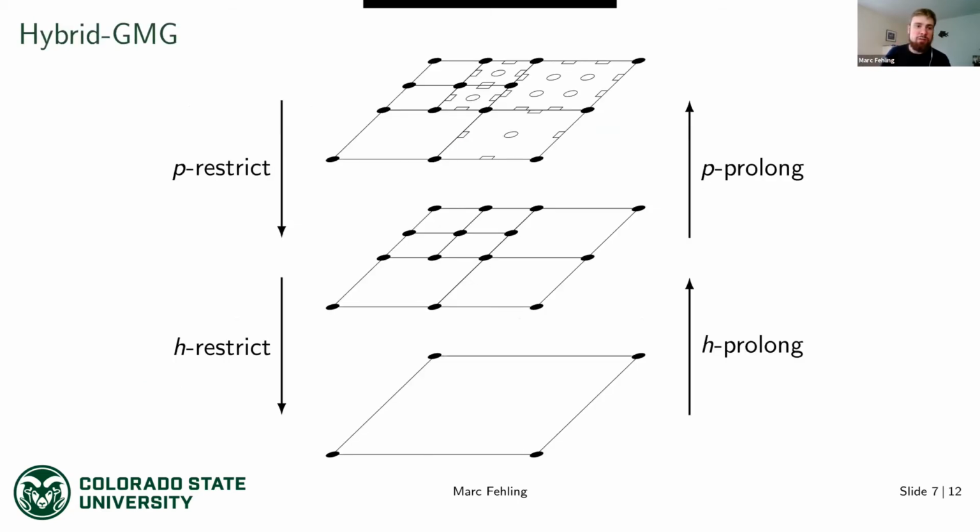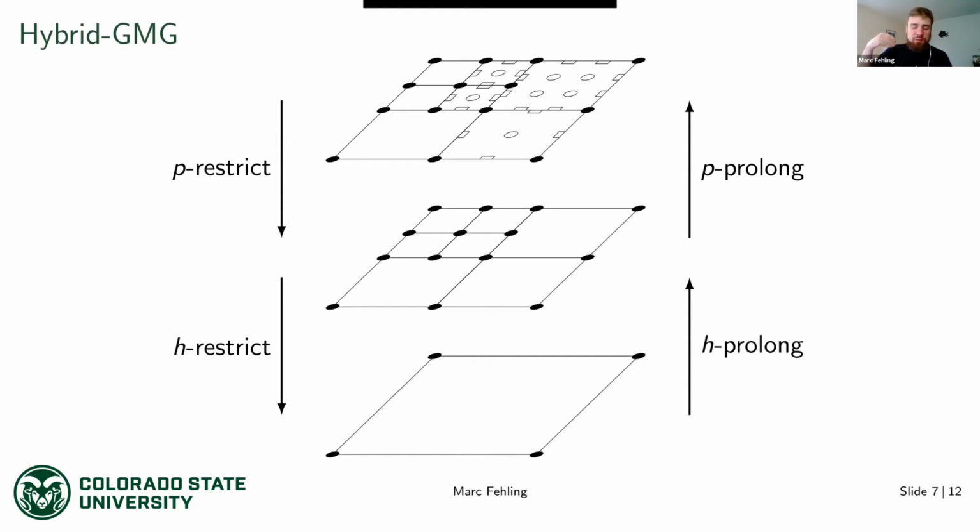So as an illustration of how you need to imagine this GMG algorithm: suppose you start with an hp-adapted mesh, which is depicted here on the topmost level. And you want to build up a hierarchy of meshes until you get a coarse mesh. You do it in a way that you first restrict, so you don't touch the mesh discretization in that sense.